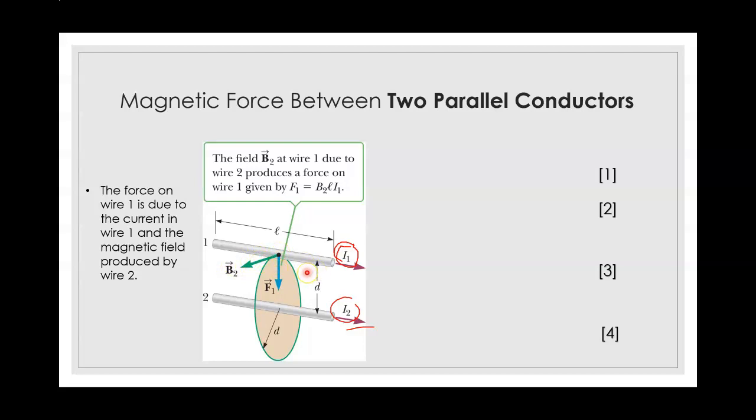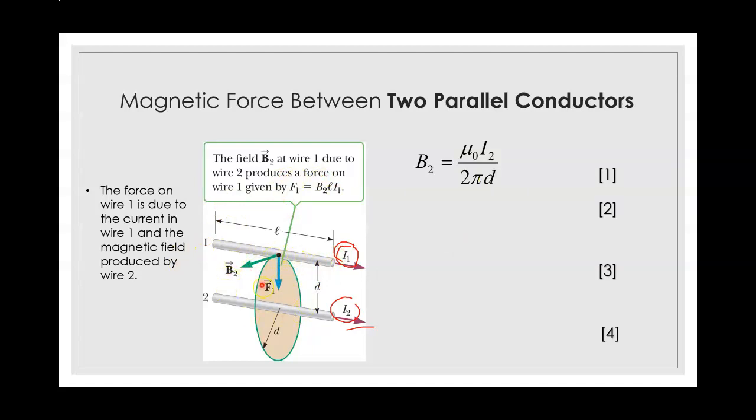Okay, so how do we calculate the magnitude of the magnetic field? Kita tahu B2 equal to mu naught I2 over 2 pi D. Because 2 pi r sebelum ni, tapi oleh kerana dia separated with D, yang r itu pada single wire saja.